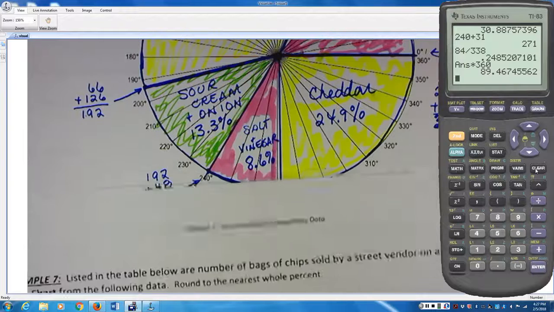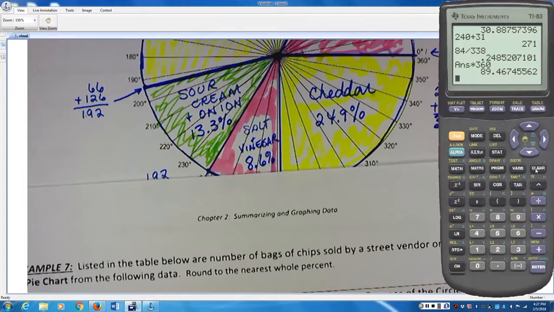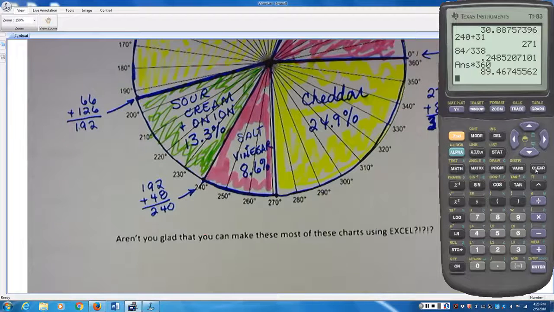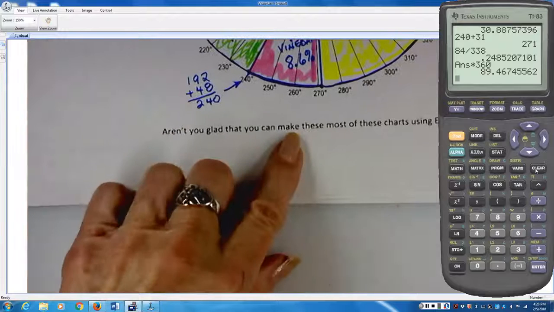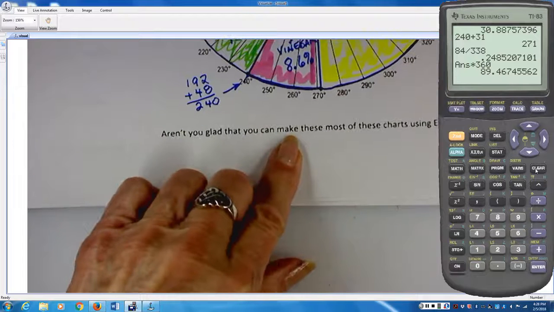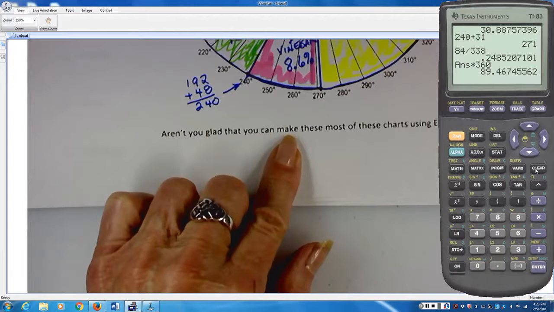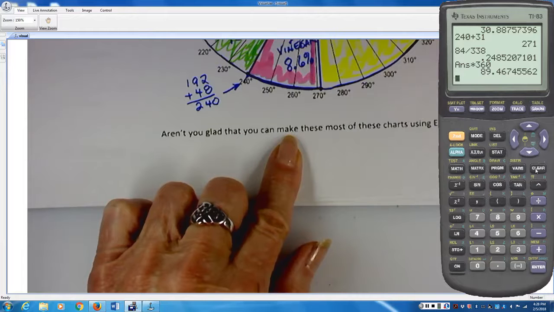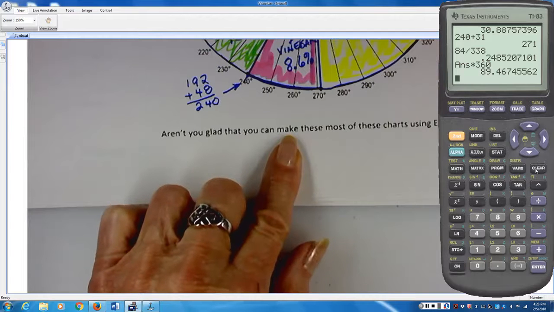Now, I think you'd agree with me that's a pretty tedious process to make what is really a very simple to read chart, but it's a lot of work. So the point here is, aren't you glad most of those can be made in Excel? The ones Excel doesn't make, dot plots, stem plots, it does not make those.